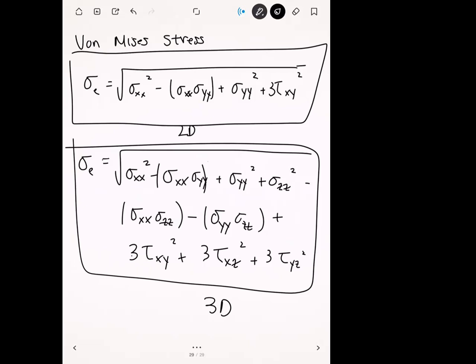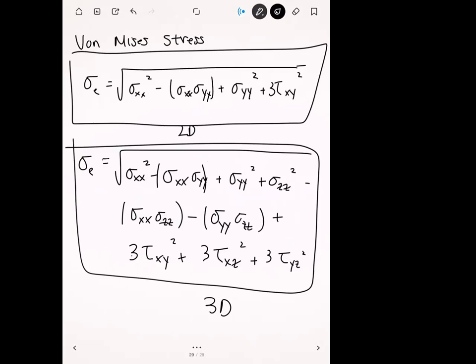I'm not sure actually, and I'd have to look at the derivation of this formula and how they determined it. But it's one that's used a lot in industry for determining stresses. It's interesting. Anytime you have a scalar representation of a vector or tensor quantity, it begs the question of how you get there.